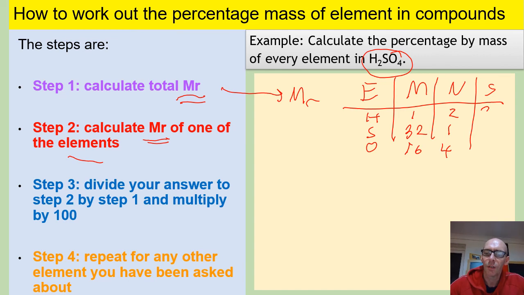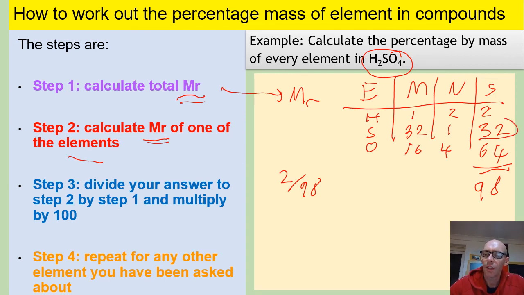There you go. 2. And 1 lot of 32 is 32. And 4 lots of 16 is 64. Add them all together, and I get 98. Right. So what I know is, by using this method, if I've got 2 out of 98, that's the hydrogens.